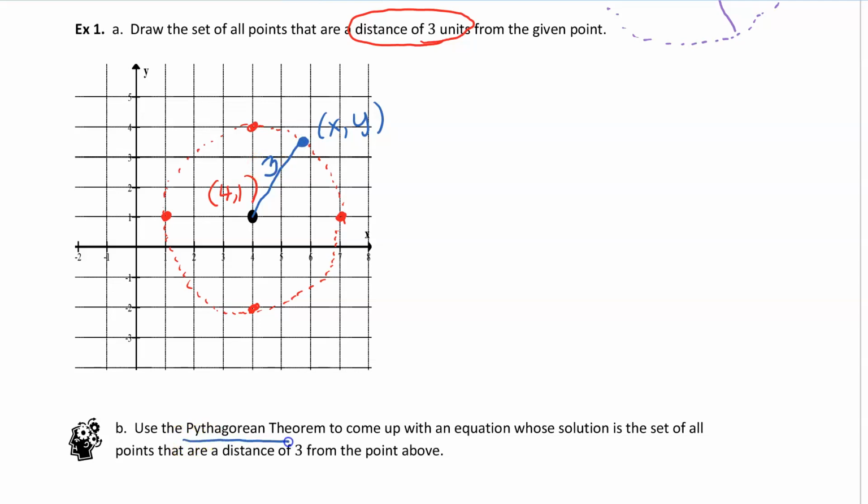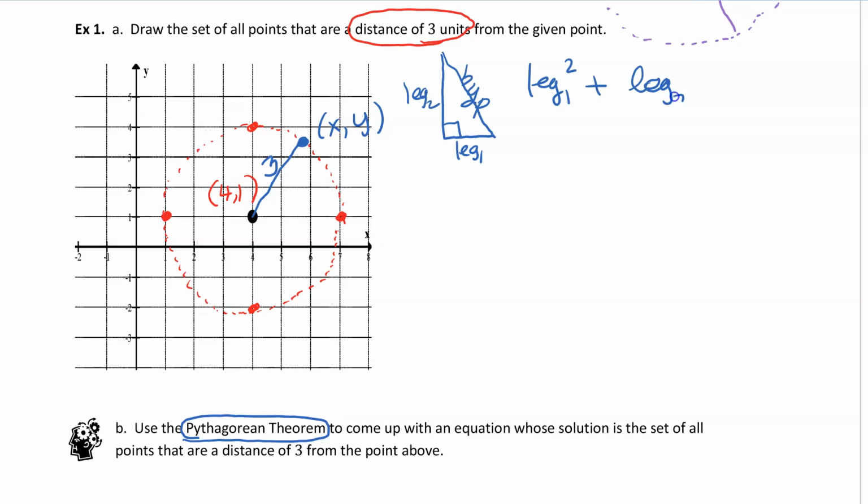Use the Pythagorean Theorem. Now, the Pythagorean Theorem comes from a right triangle. Pythagoras said, if you have a right triangle, then leg 1 squared plus leg 2 squared is going to equal the hypotenuse squared.